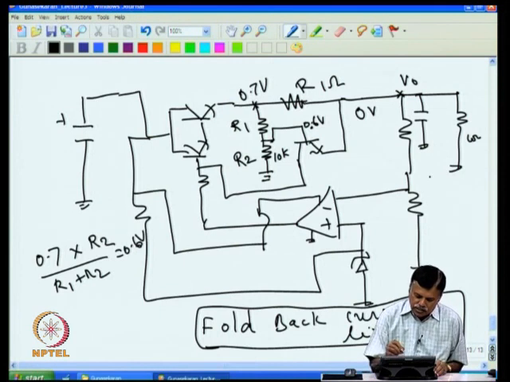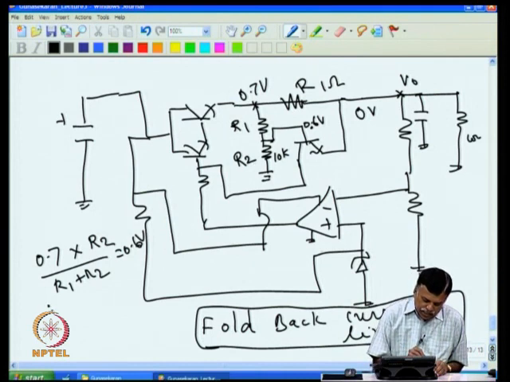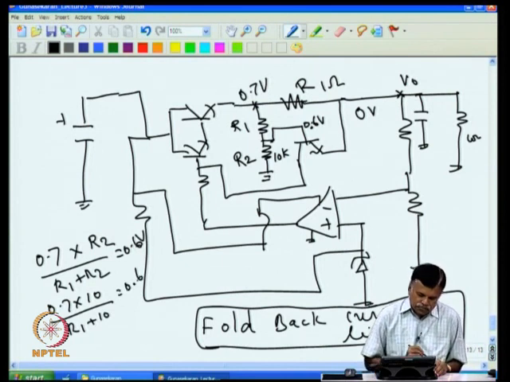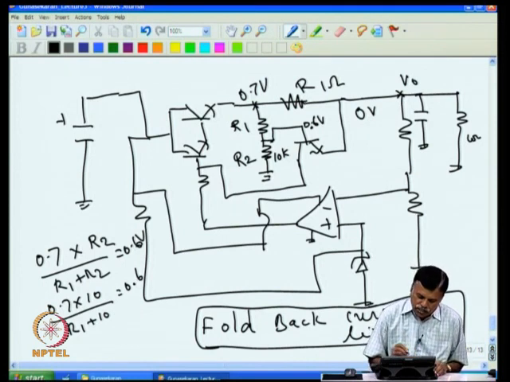That means I want to limit the short circuit current at 0.7 ampere. Now if I take R2 as 10K, then I need 0.7 into 10K divided by R1 plus 10, equal to 0.6. Now we can find out R1.